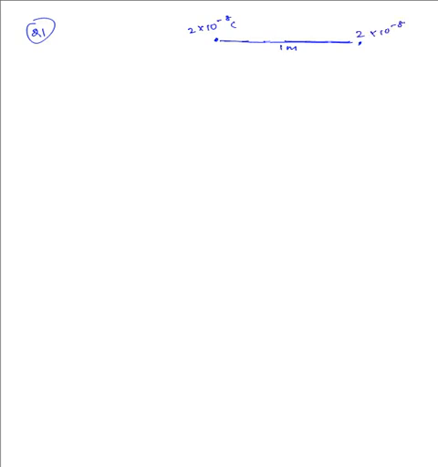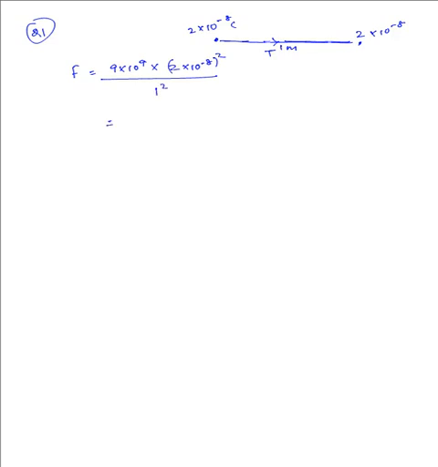Obviously the electrostatic force of repulsion between these positive charges will be responsible for the tension that acts along the string. So we just have to find the force, which is equal to 9 times 10 to the power 9, the electrostatic force constant, multiplied by the charges, 2 times 10 raised to the power minus 8 squared in this case, because both the charges are the same, and the distance of separation is 1 meter.